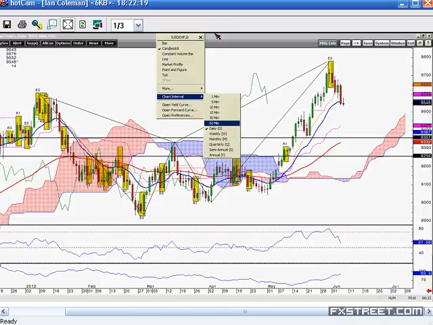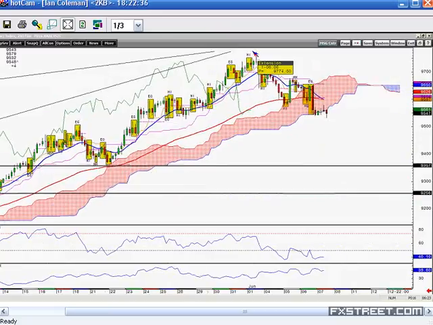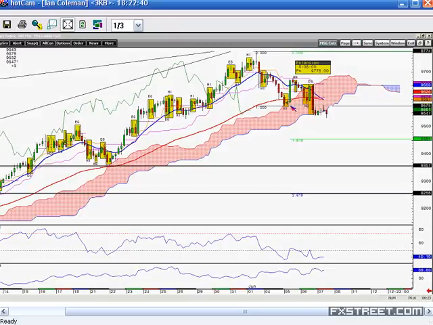And we break it down into short time frames to try and get some sort of decent wave patterns on it. Okay, 261.8% of wave one.